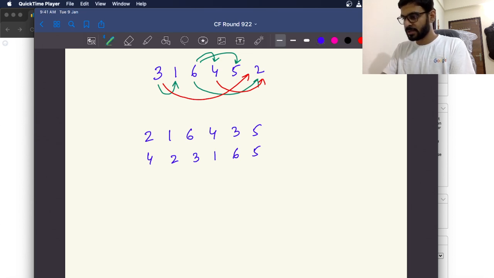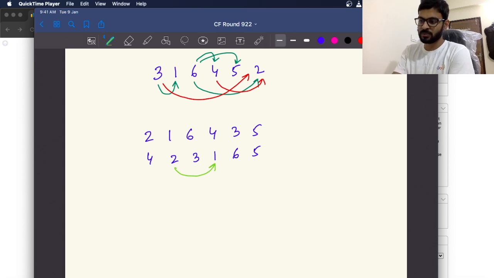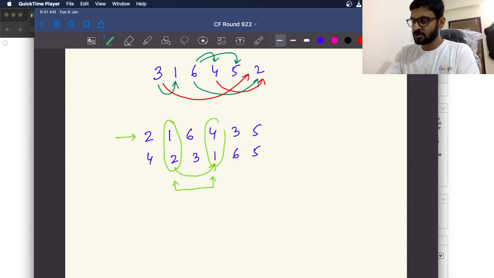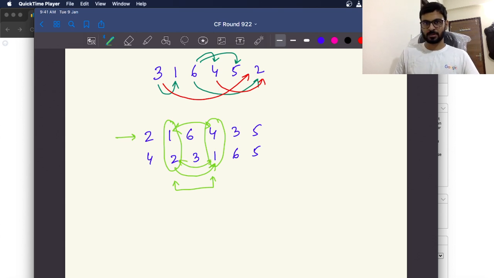So now you can see that 2 is greater than 1. So you can say, hey, if 2 is greater than 1, I will swap this. If you swap these two positions, that means on the other array also you have to swap them. So this will get swapped with this. So 1 will get swapped with 4 and 2 will get swapped with 1. In this way you can do this as many times as you want.